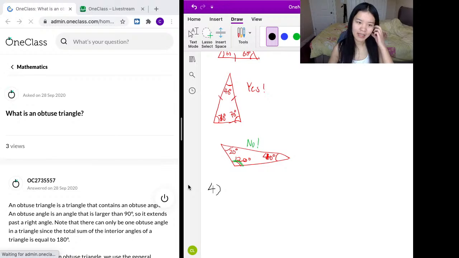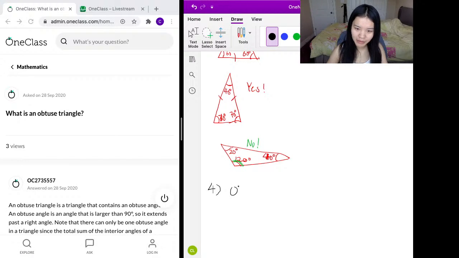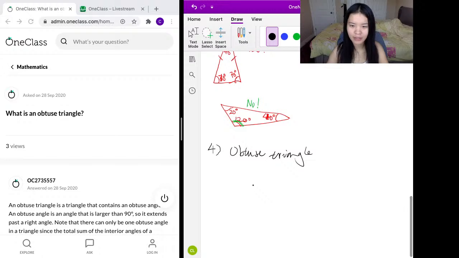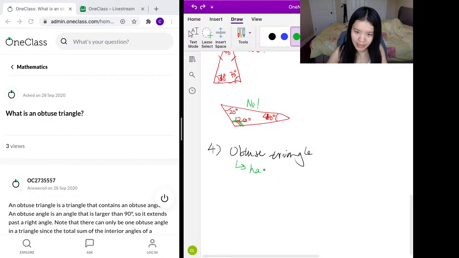Next question is, what is an obtuse triangle? Which is perfect. So obtuse triangle. So you know that an acute triangle is a triangle with three acute angles. And an obtuse triangle is a triangle that has one obtuse angle.